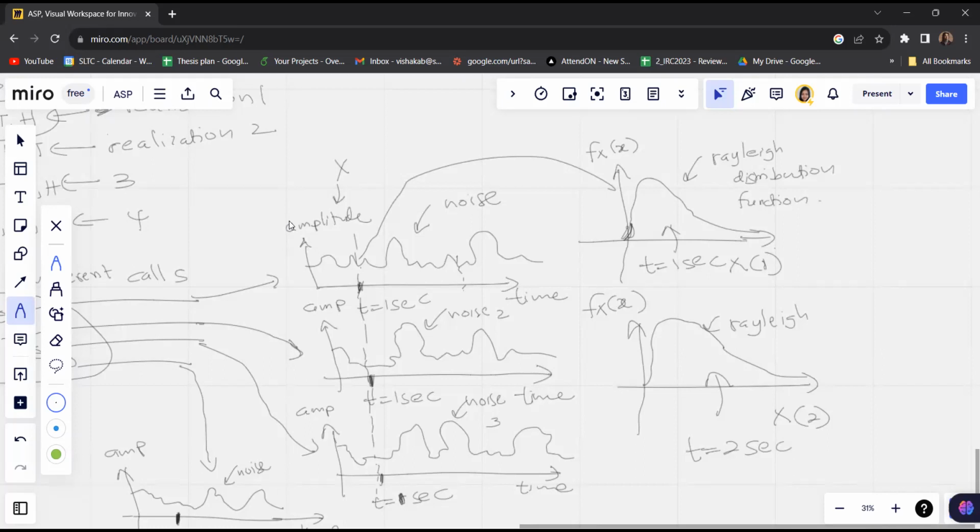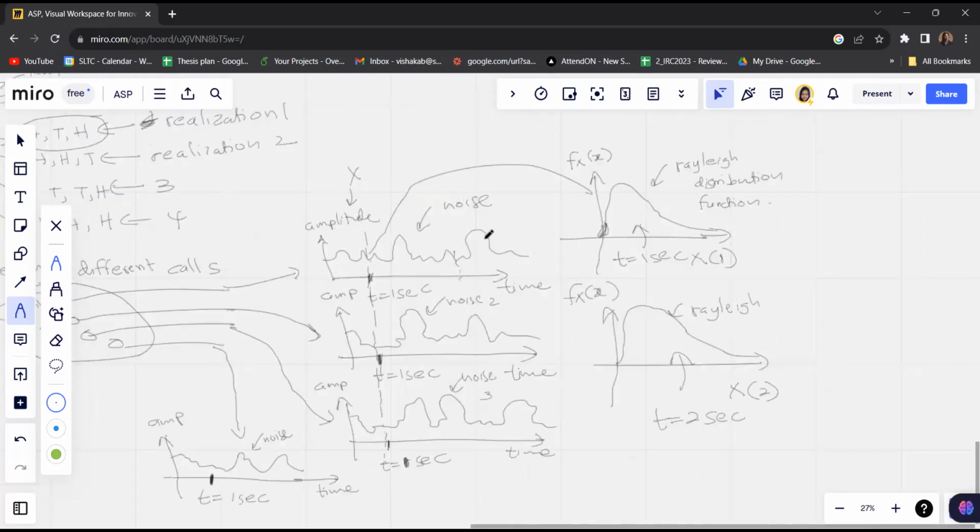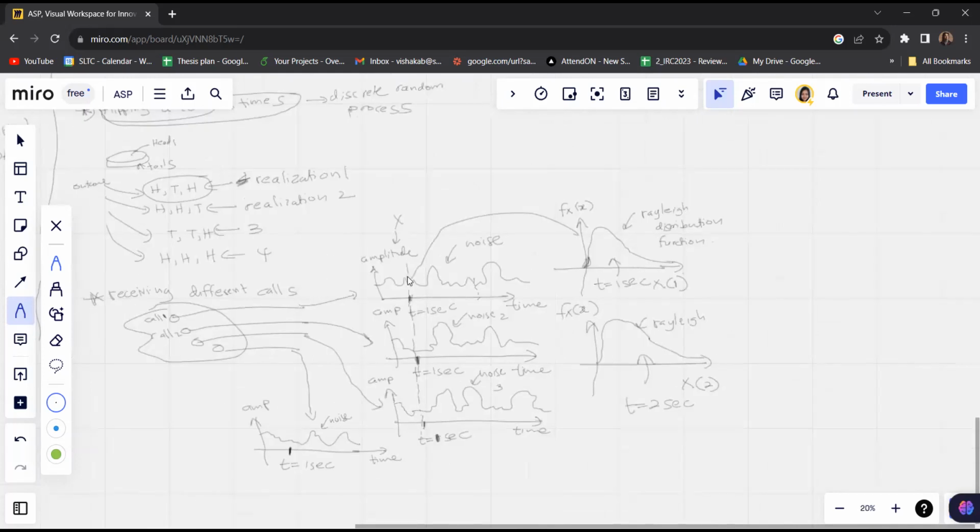For a specific random variable, let's say time equals 1 second, we can define the probability density function. And by defining the probability density function for each of these realizations, right? We call these different outcomes realizations. Each of these waveforms we call realizations, right?